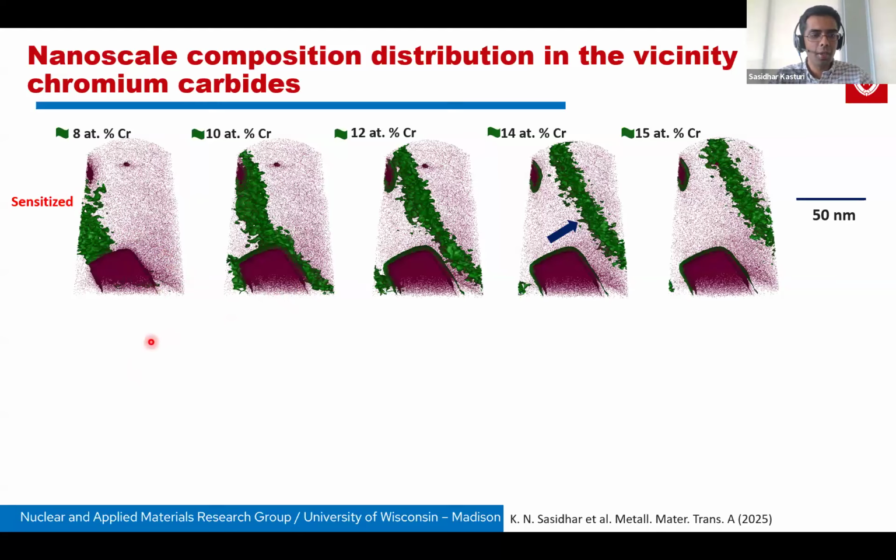So here it's the same data set. I'm not looking at different data sets, but now I'm highlighting different aspects of the microstructure. So in this image, I'm highlighting only those regions which have 8% chromium. Here, those regions with 10% chromium. Here, those regions with 14% chromium. So yes, it's destructive.